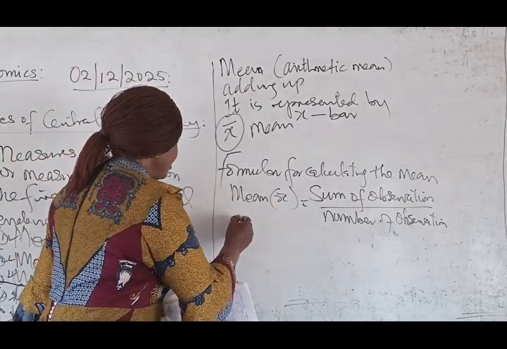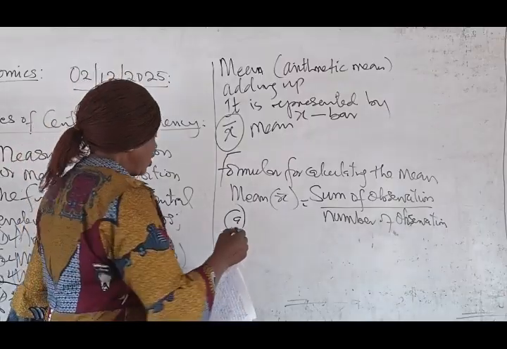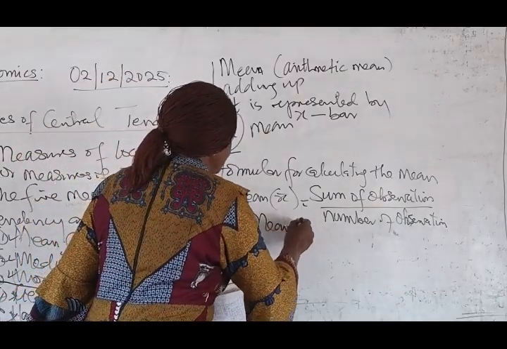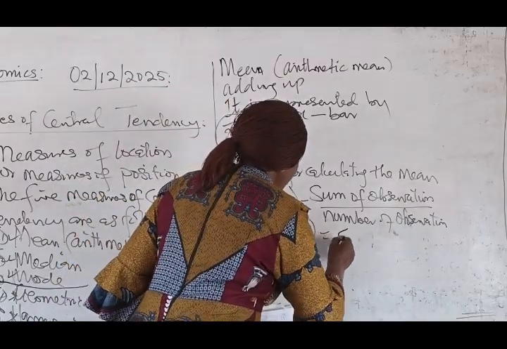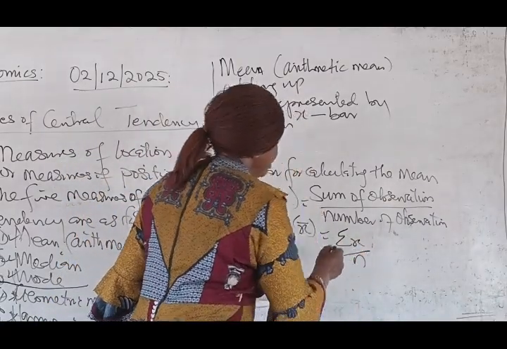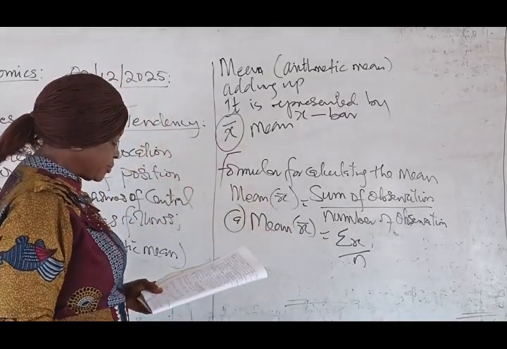If you want to calculate the mean, there are two ways we can calculate it. One, or A, depends on what is given to you. We have mean, which is the same thing as X bar, equals summation x over n. I will explain the meaning of this symbol, summation.